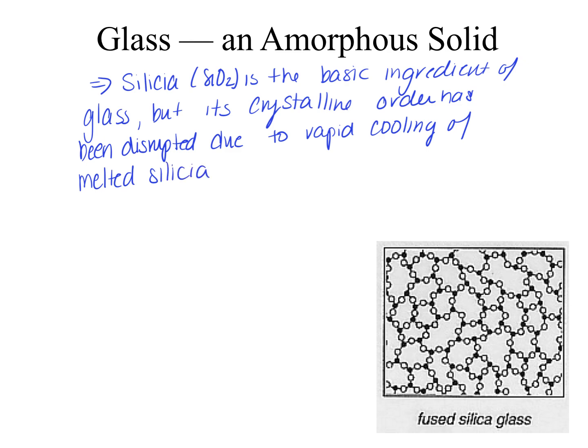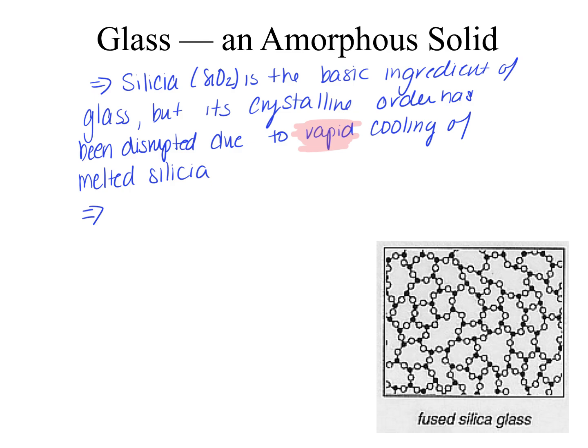So one of the things that I want to point out here is that one of the differences in how this is formed is glass is formed when you have a rapid cooling of melted silica. Quartz is formed, if you go back to the previous slide, with the slow cooling of melted silica. Now, so that's one of the ways that we have this contrast of how they're different.